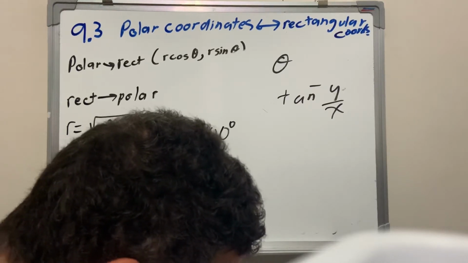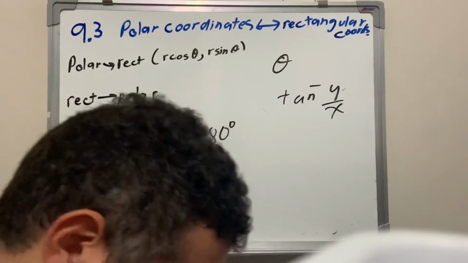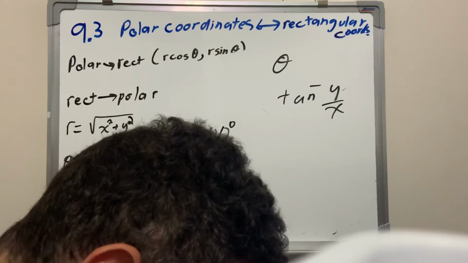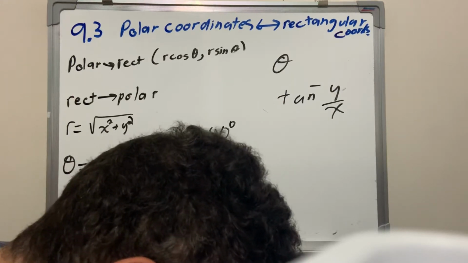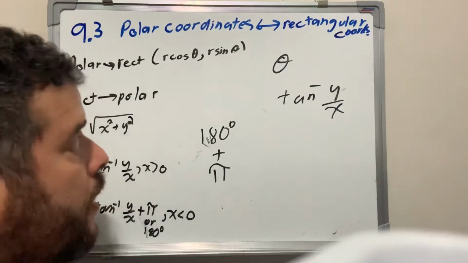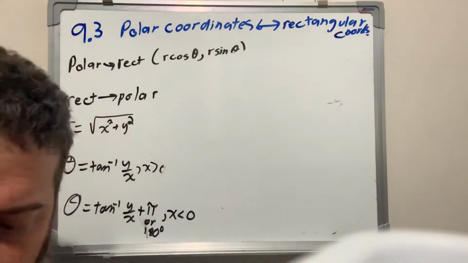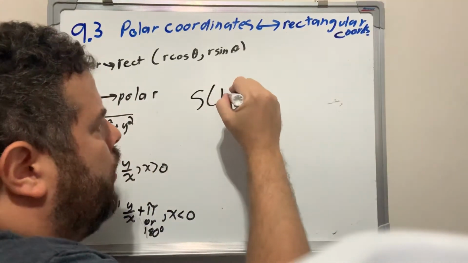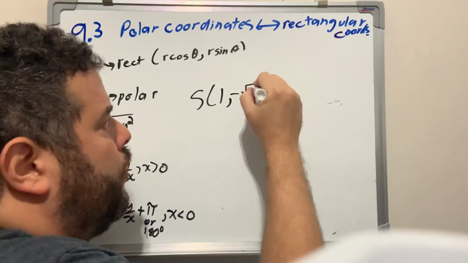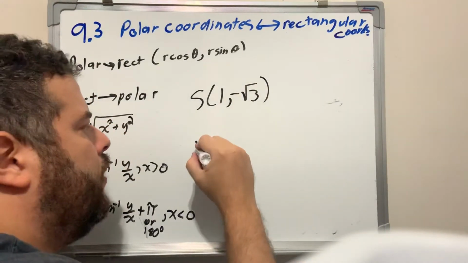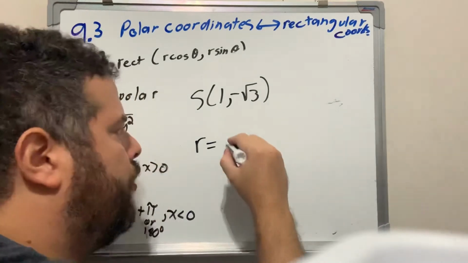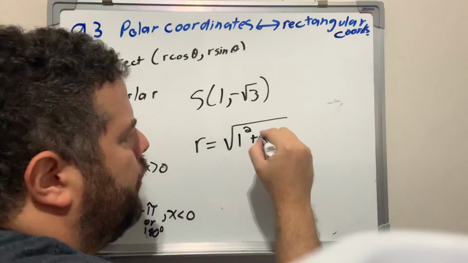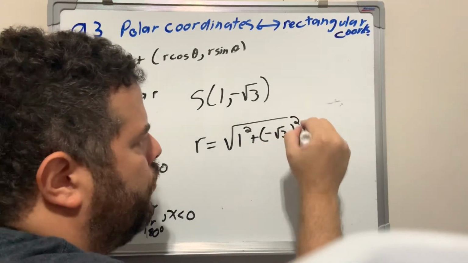Let's do a particular example now. Let's do example A. In example A, I'm given the following values: 1 and negative square root of 3. So step 1, let's find my r using the Pythagorean theorem. 1 squared plus negative square root of 3 squared.